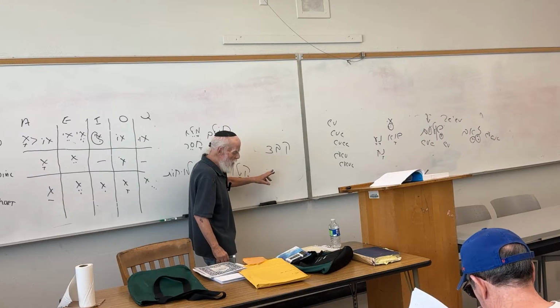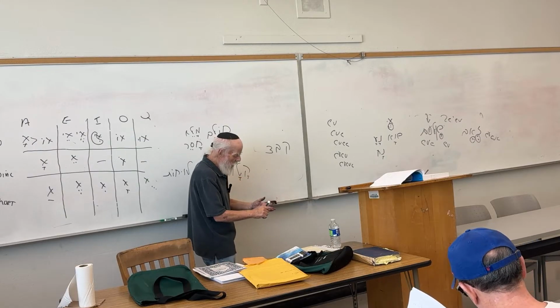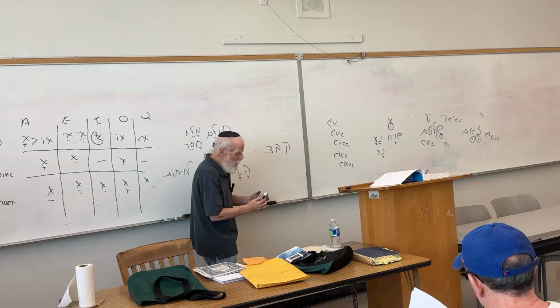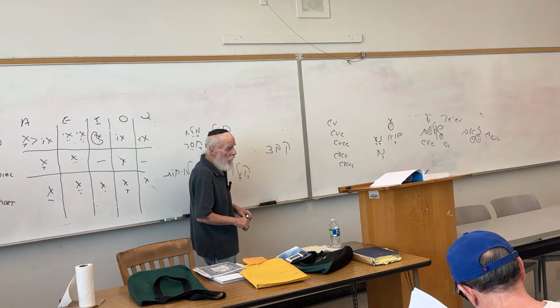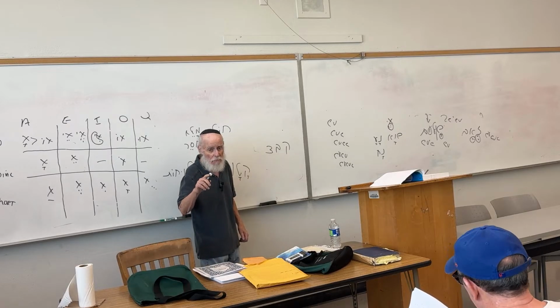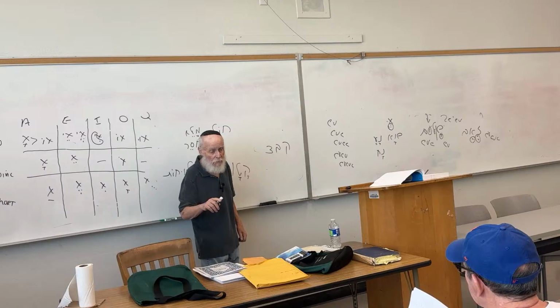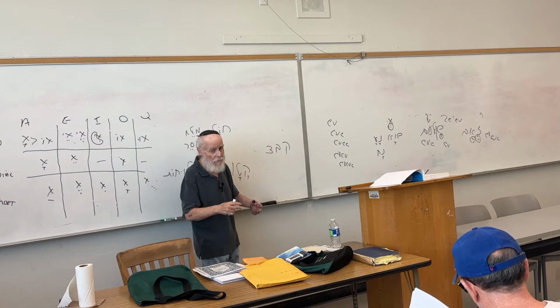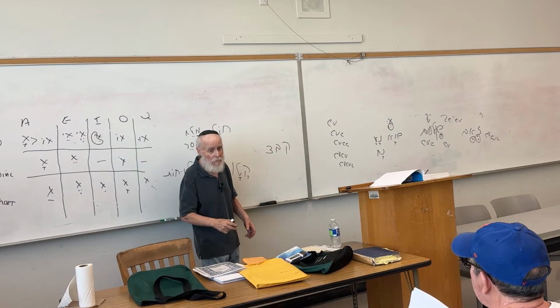Any word that has a kuf, a bet, a tzadi as the root of the word means a gathering. And there's one word you all know. It has those three letters. Could anybody give me the word with a kuf, a bet, and tzadi, which means a get-together, a collection?